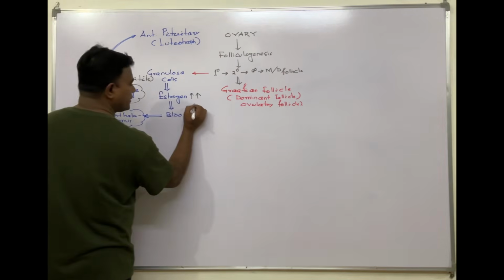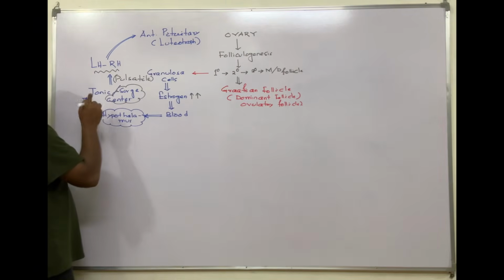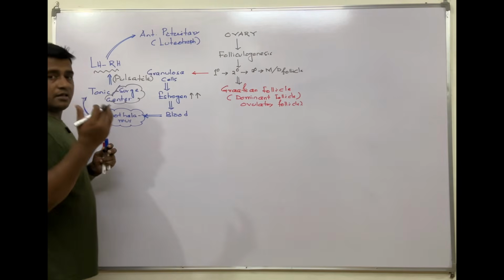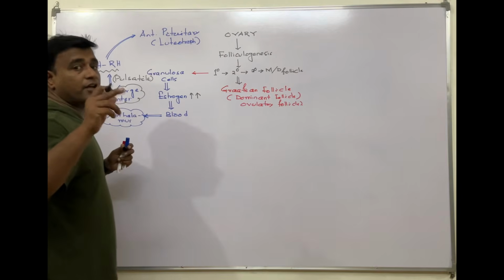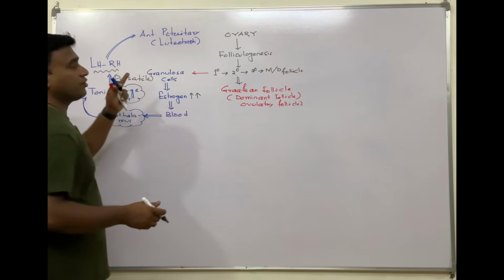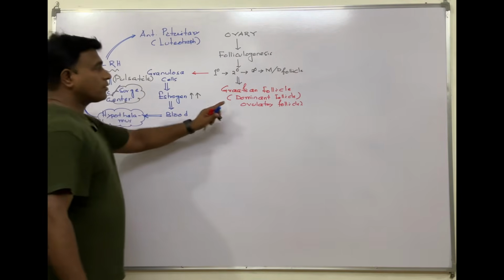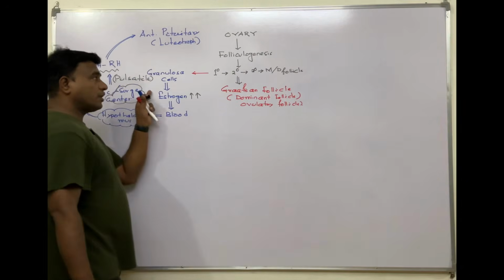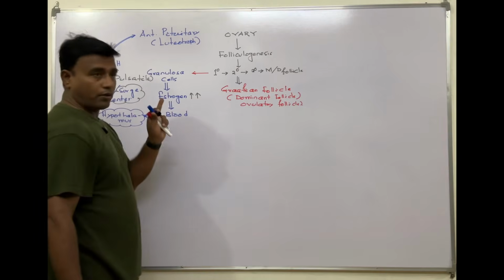When estrogen level is low, it acts on the tonic or the basal center. Then the LHRH is replaced by FSHRH, meaning FSH secretion is going on. But as the follicle is already matured and attaining its size, the secretion of LHRH is important.